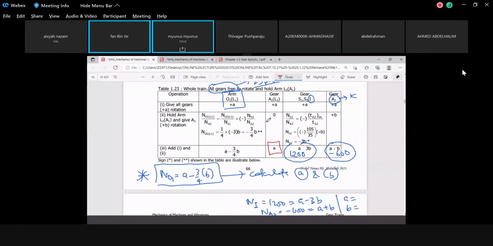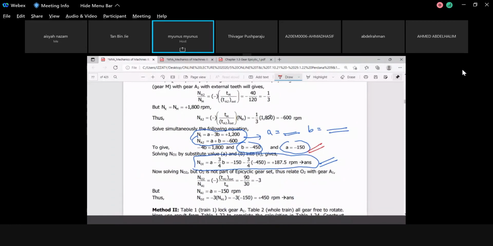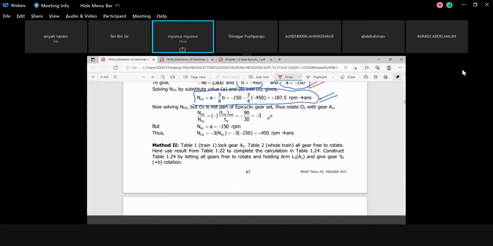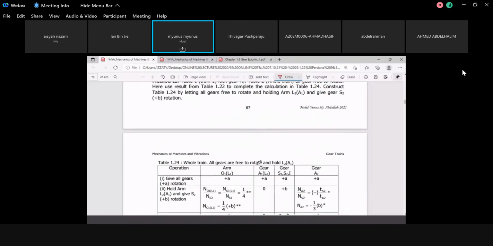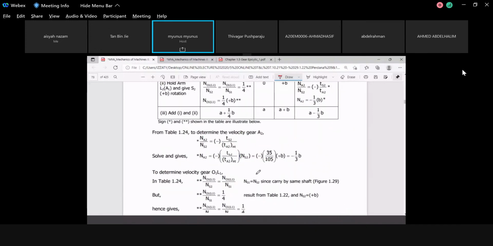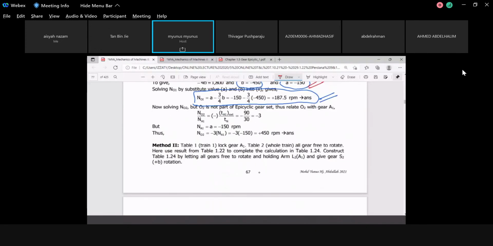Okay, I think there is one method, but you have another method which I will not be exposing here because I have no ample time. You have to look on your own. So look here, the other method: you still keep table number one as it is, but for table number two, you hold L2 but you give S2.